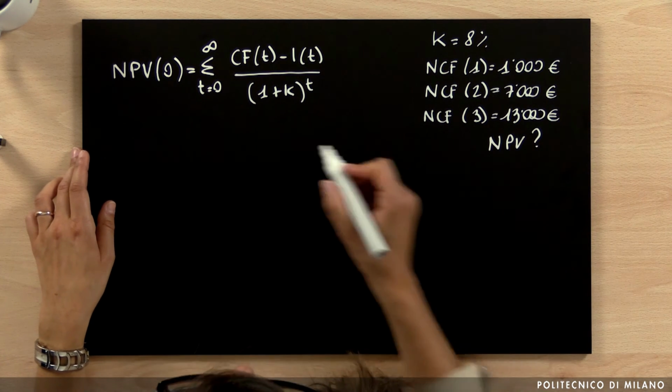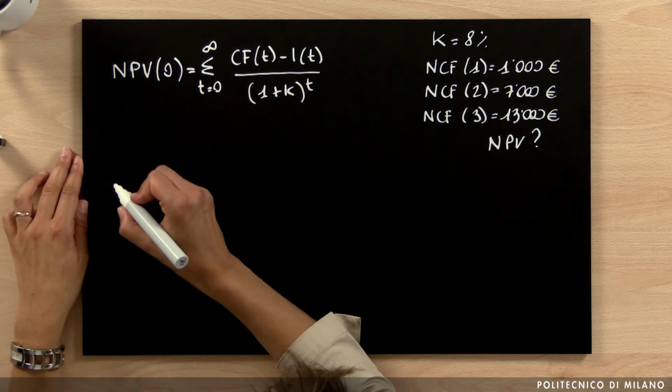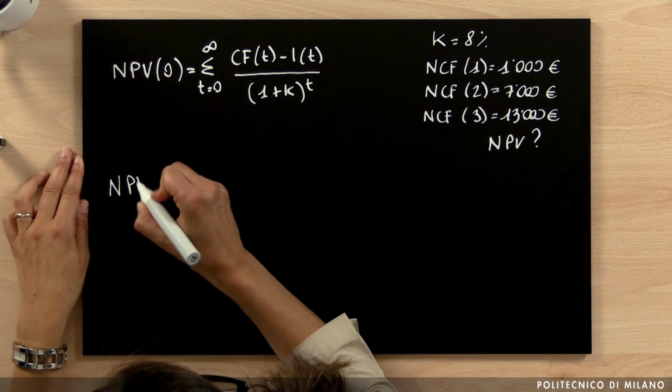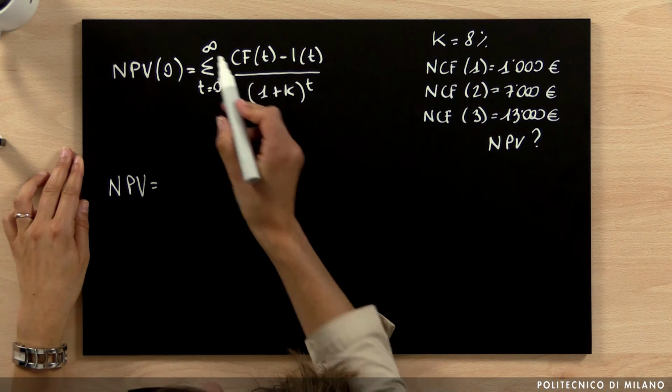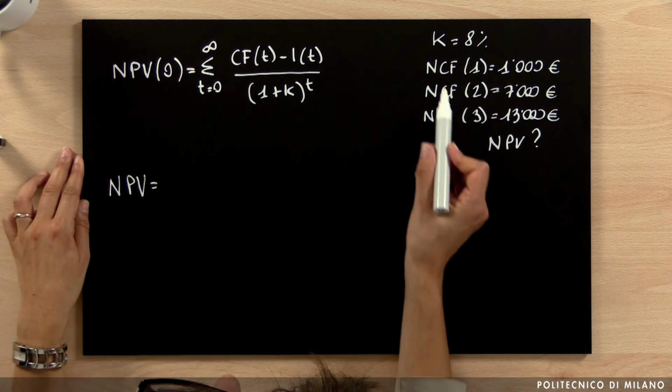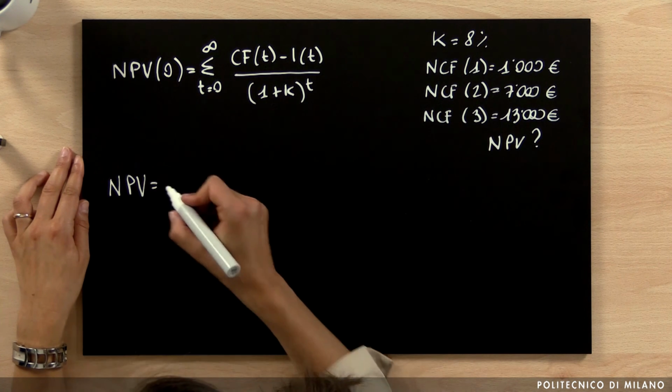In order to answer this question, we need to apply this formula. So basically, we need to say, okay, what's the net present value? The net present value is the sum from 0 to infinity, but in this case from 1 to 3, of the discounted net cash flow. So let's apply the formula.